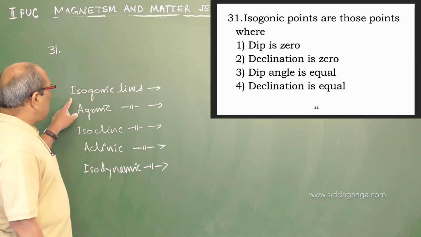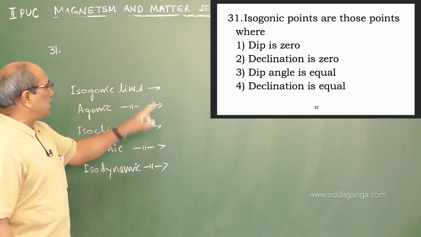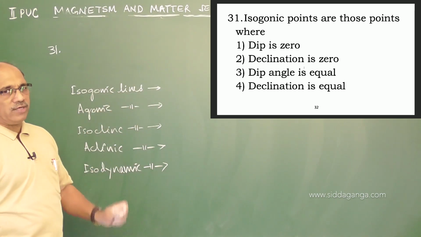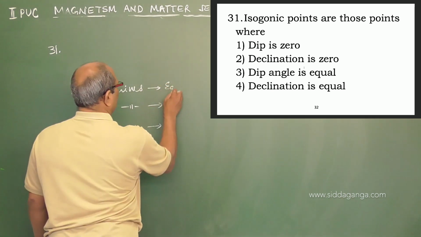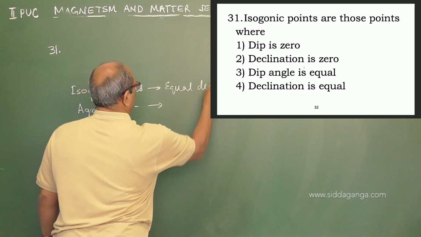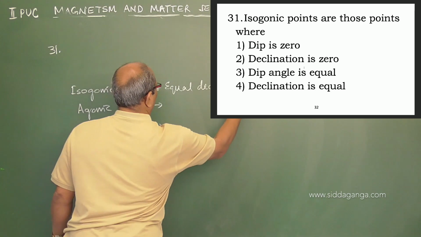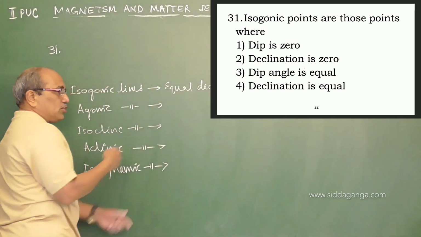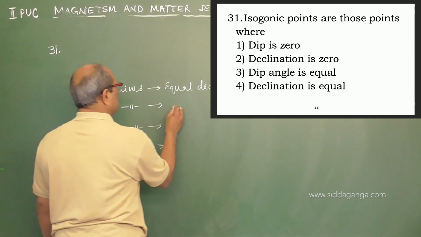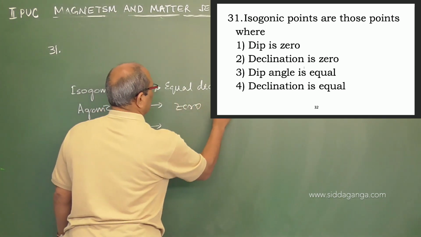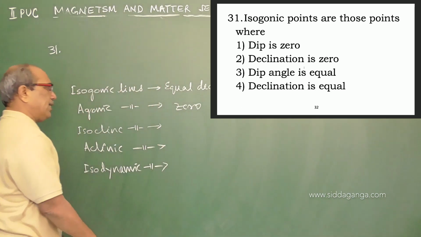So now, isogonic line: iso is equal, gonic refers to declination, equal declination. The lines on the surface of the earth where the declination is zero, we call agonic lines.